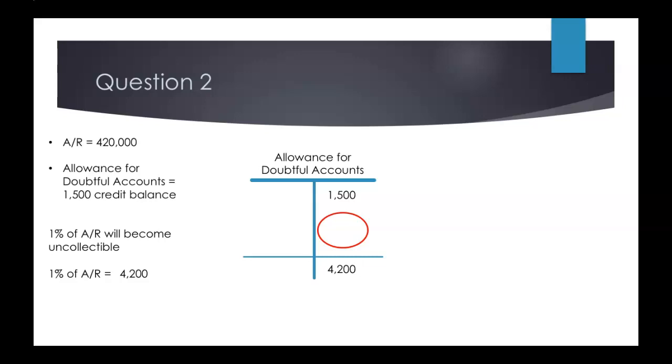So our entry is for this number that's going to go in this red circle. What are we going to have to credit to allowance for doubtful accounts to take it from $1,500 to $4,200 on the credit side? Well, we subtract those two amounts, and we know that we need to credit allowance for doubtful accounts $2,700.